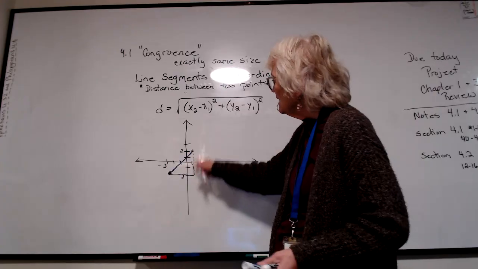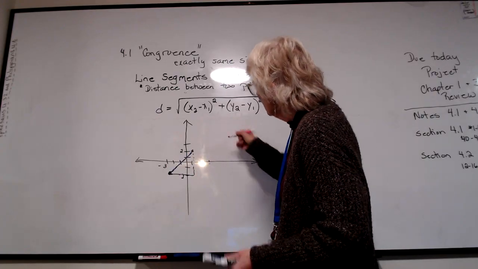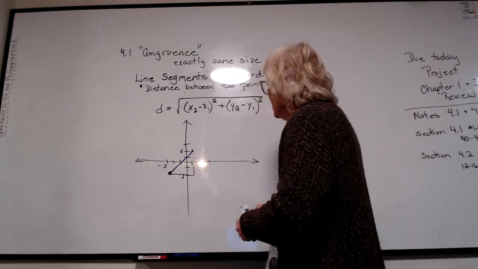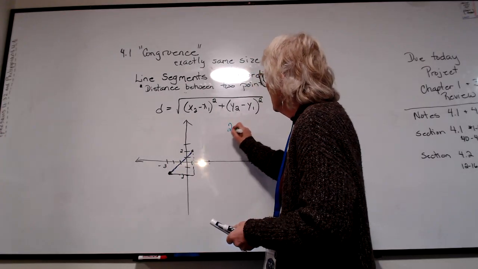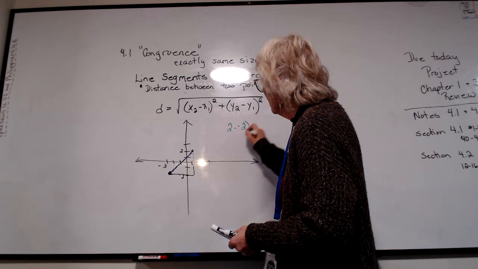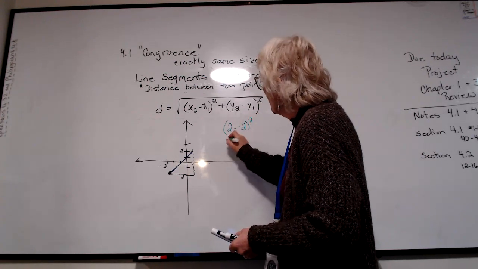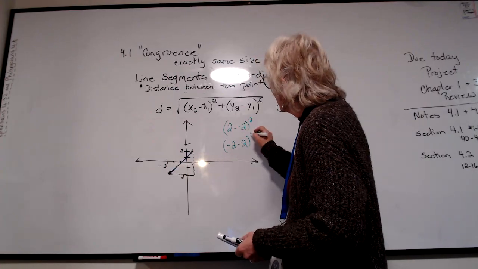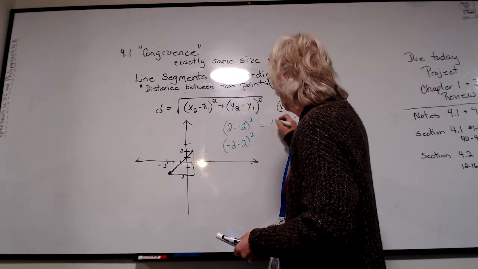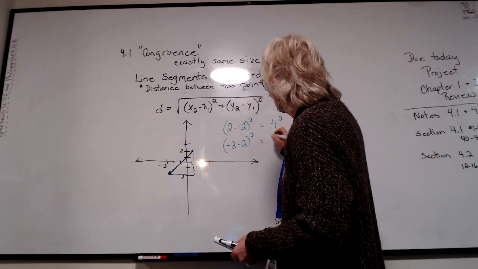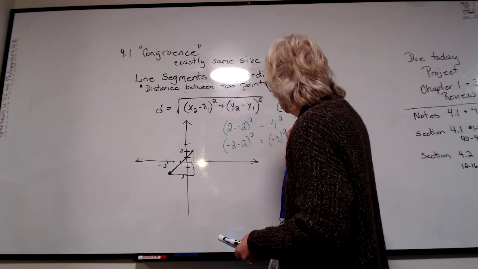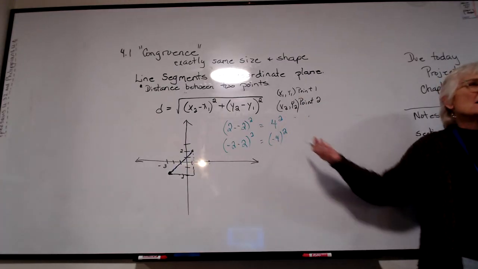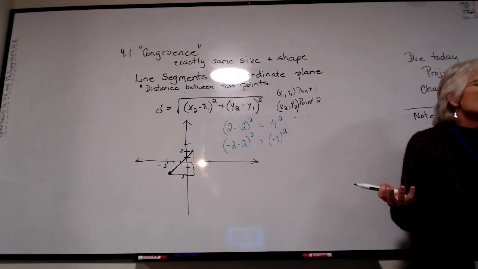I could take it either way. It could be 2 minus the -2 squared, or it could be -2 minus 2, because I have to subtract them, squared. Well, this is 4 squared. This is -4 squared. Do you see I get the same answer? So I could use either point and I would get the same answer.